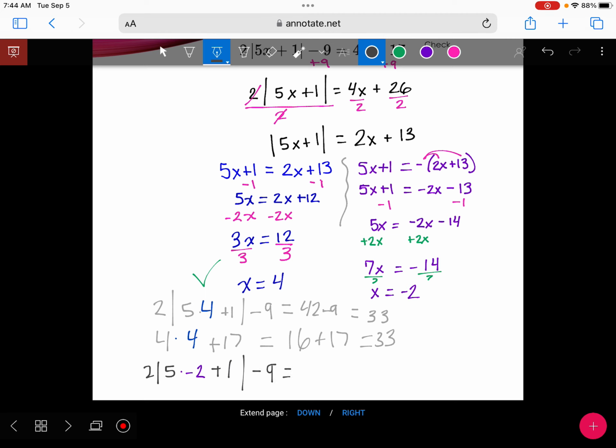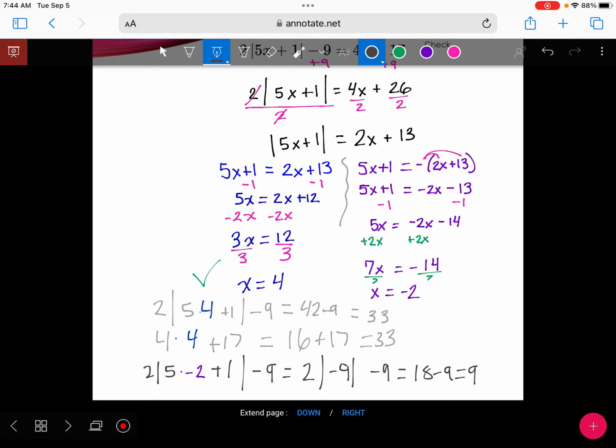So 5 times negative 2 is negative 10. Plus 1 gives us the absolute value of negative 9, minus 9. Absolute value of negative 9 is positive 9. 9 times 2 is 18. 18 minus 9 is 9.